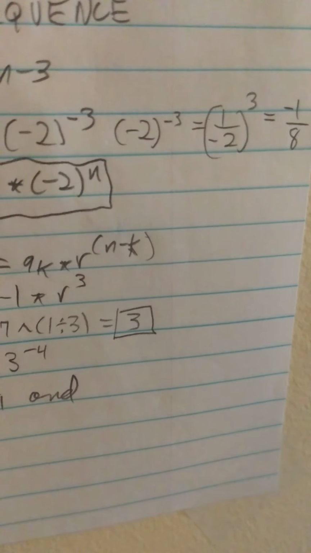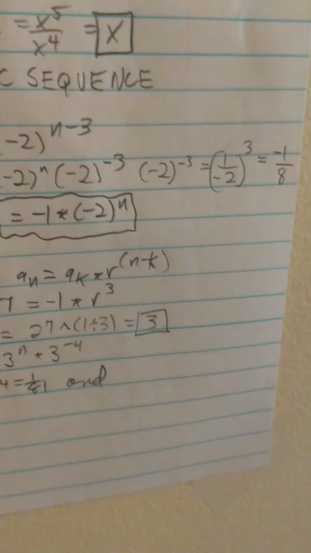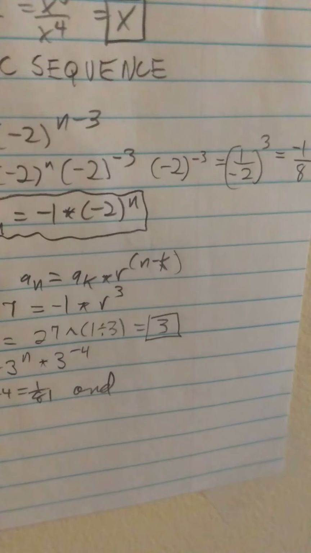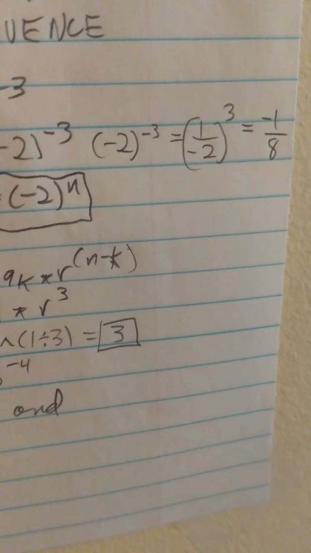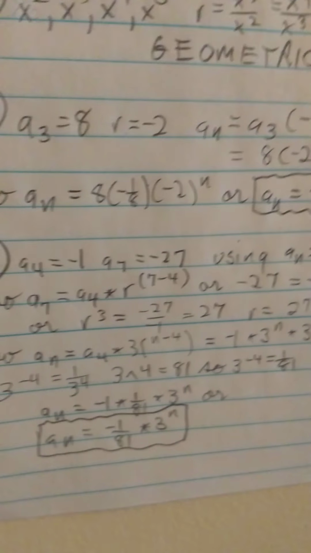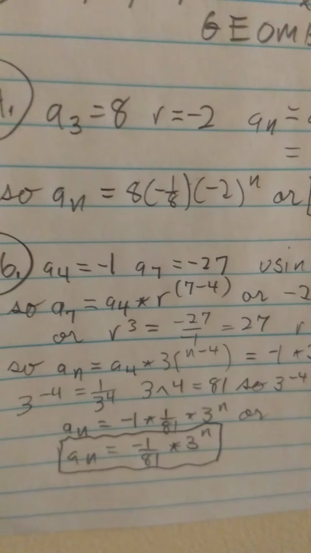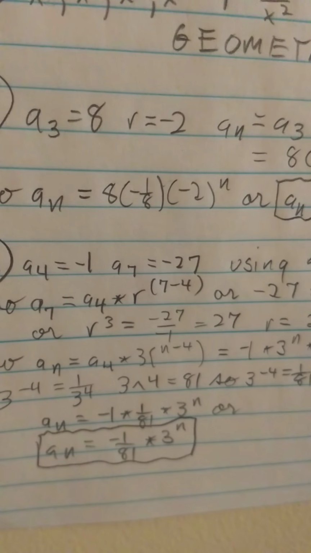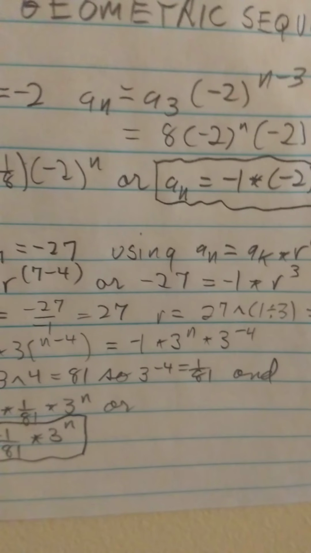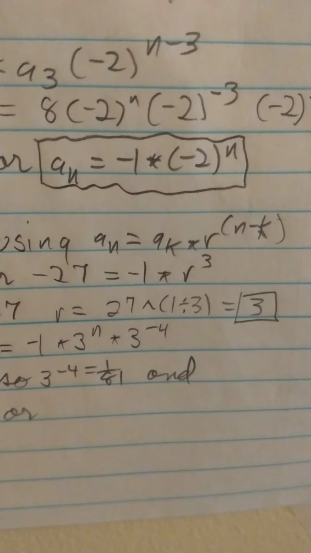Remember the reciprocal. And negative 2 times negative 2 times negative 2 is negative 8. So negative 2 to the negative 3 is negative 1/8. So now our general term a sub n becomes 8 times negative 1/8 times negative 2 to the n, or just simply negative 1 times negative 2 to the n.